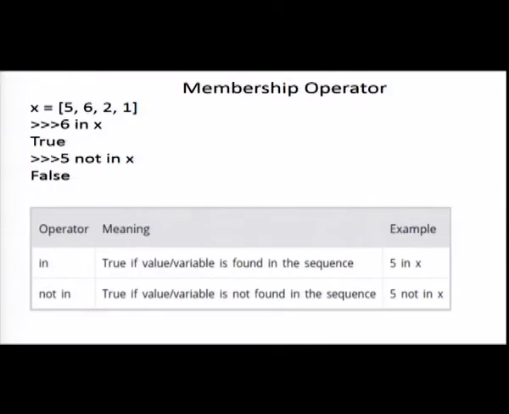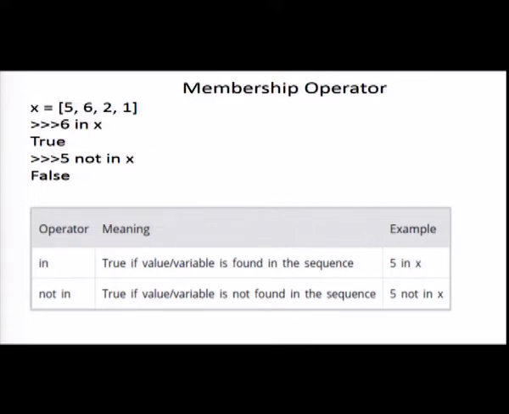Let us see about the membership operator. An exclusive operator that has been used in the Python language is the membership operator. As you know, we have seen how to go in with small codings. We saw in the earlier lectures, in the earlier episodes, small snippets of code.